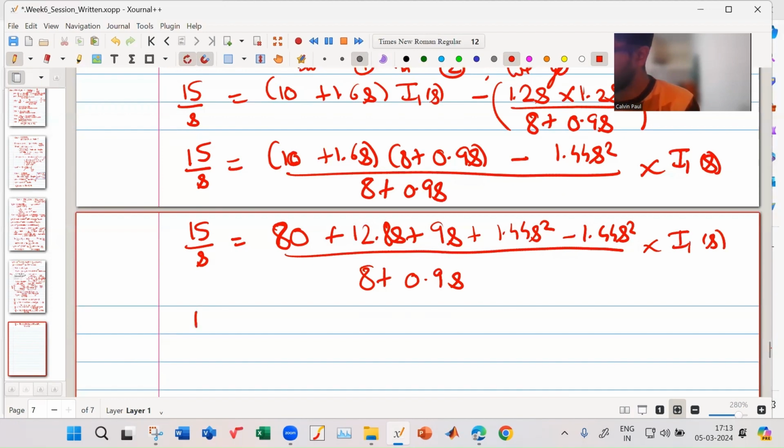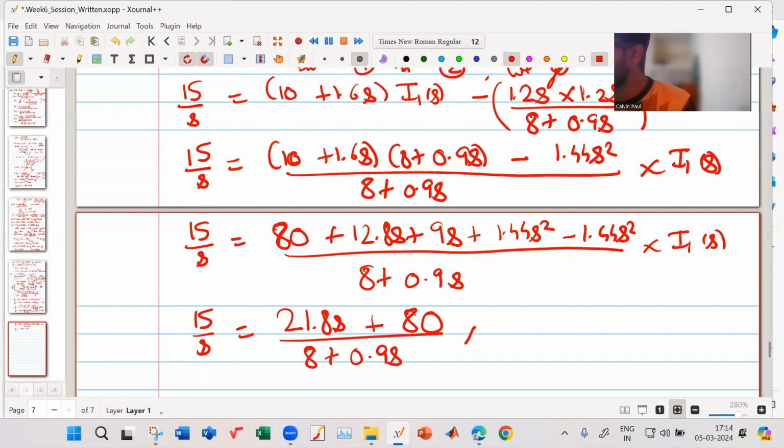So that becomes 15 upon s is equal to 12.8 plus 9 is 21.8. So 21.8s plus 80 upon 8 plus 0.9s into I1 of s.